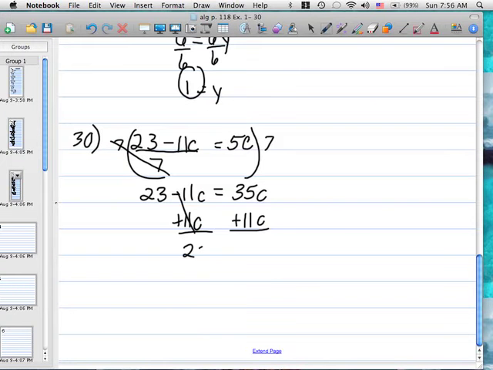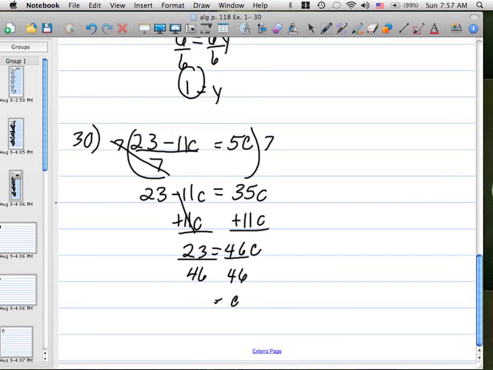That gives me 23 equals 46c. Divide by 46, and 23 is a half of 46, so it's 1/2.